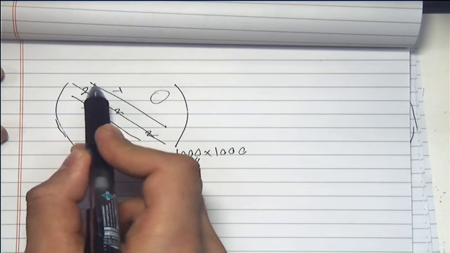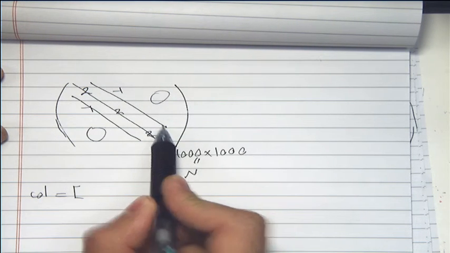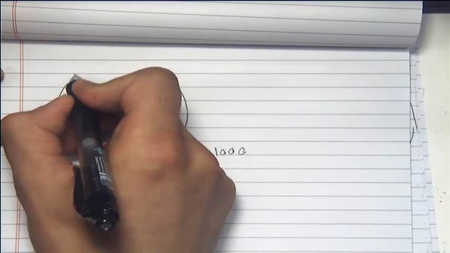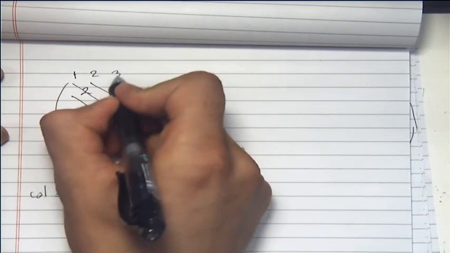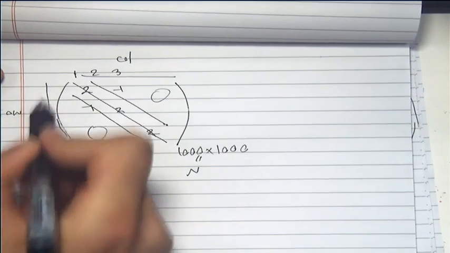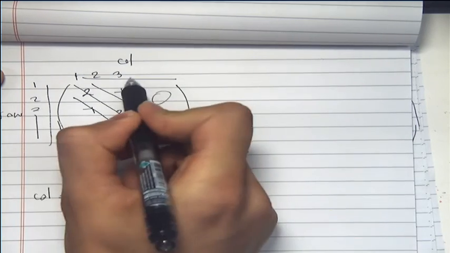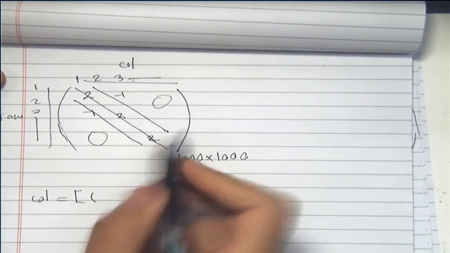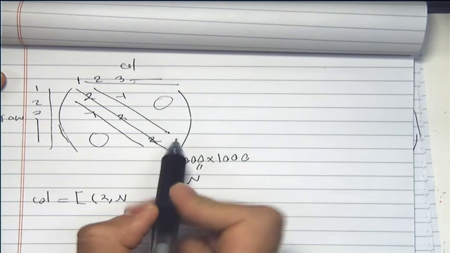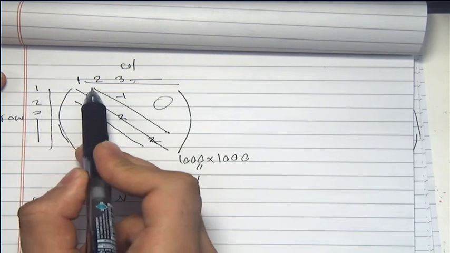The first upper diagonal: so the column indices go from, this is the column, there's column 1, 2, 3, and this is the row, 1, 2, 3. So the column for the upper diagonal goes from 2 to n, right?